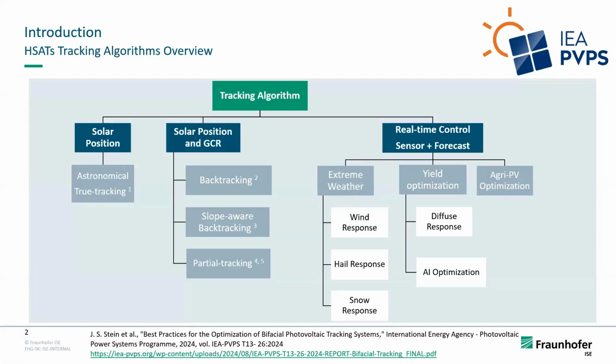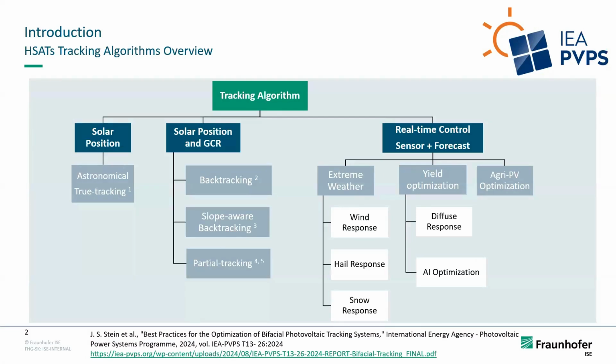An evolution of this is the slope-aware backtracking, which is an adjustment for uneven terrain. And then we have the more recent partial tracking, which aims to shade half of the module for recent module technology with bypass diode. A big field of tracking algorithms are real-time control strategies, which also take into account real input from sensors and weather forecasts.